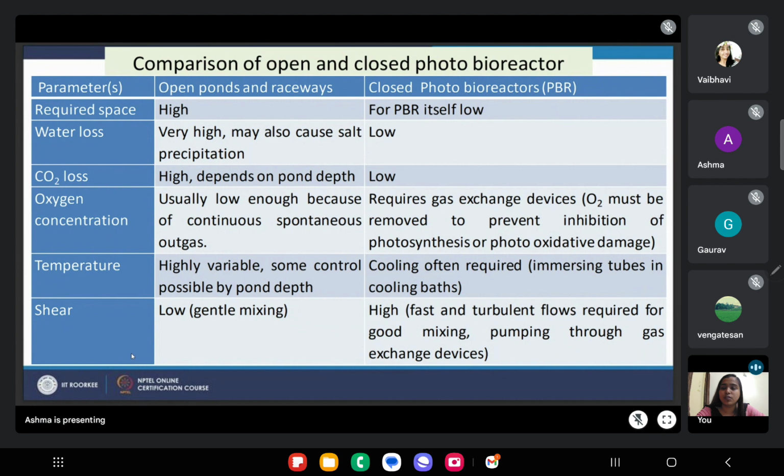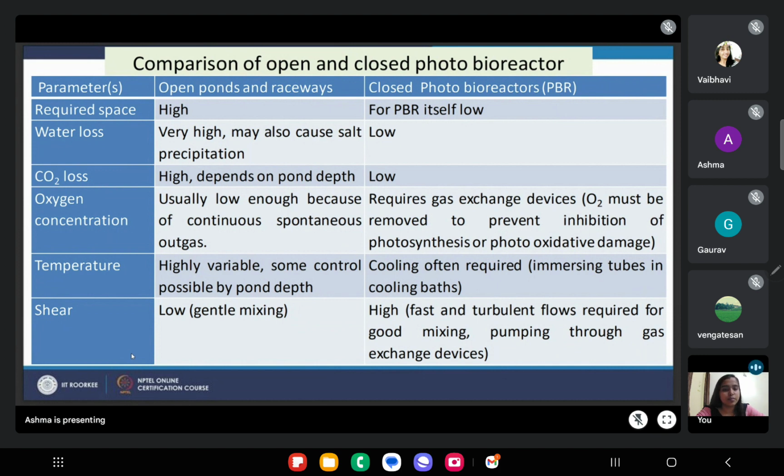Next is oxygen concentration. Algae does not require oxygen; rather it gives off oxygen through the Calvin cycle and photosynthesis. In an open system, since the pond is open to the atmosphere and there is exchange of gases, if the oxygen is above the saturation level, then that oxygen will escape into the atmosphere, and we will have a low concentration of oxygen in the open system.